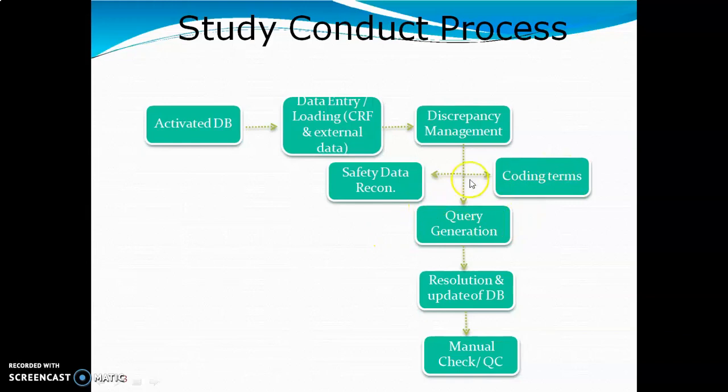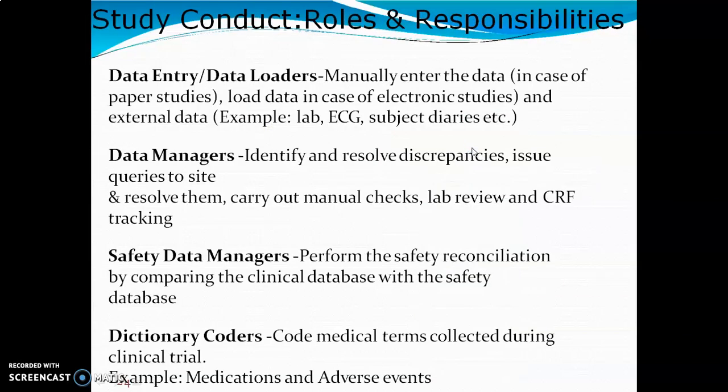Then if any discrepancy is observed, as I told, a query will be generated, and that query will get resolution and update of the database will be done. Here there may be a manual checkup, or QC with the help of programs they are going to check it. Anyhow, resolution as well as discrepancy we will be seeing in the next slides with some examples.